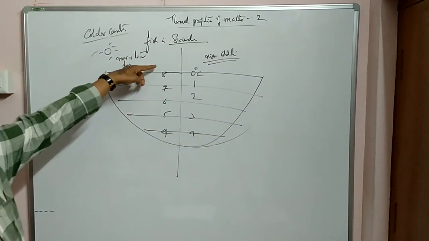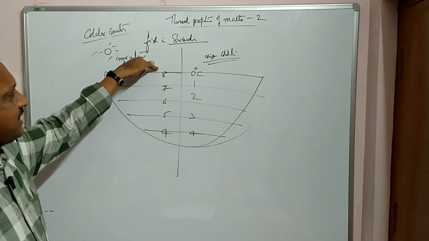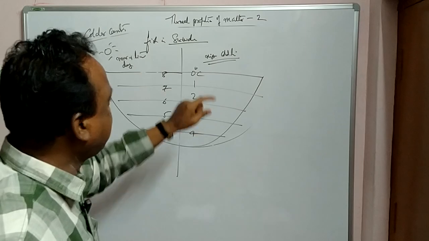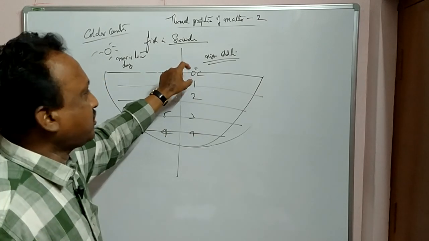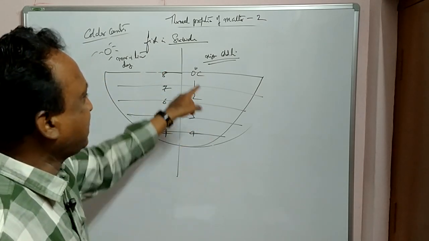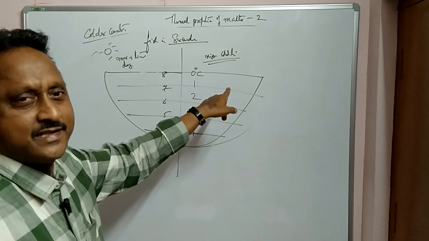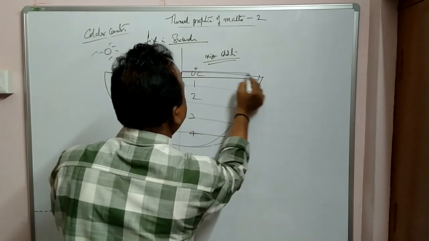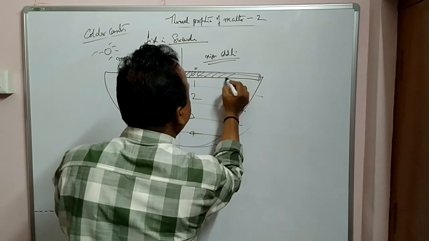In the morning the temperature is high, but in the night the temperature is less. So at 0 degrees, it is falling below 4 degrees, and ice is formed on the surface. Big pieces of ice form on the surface of the lake.